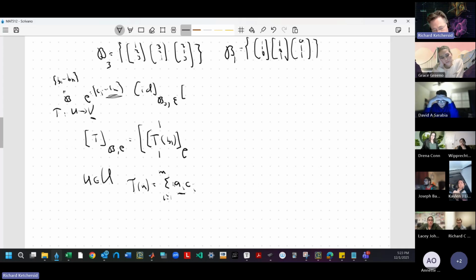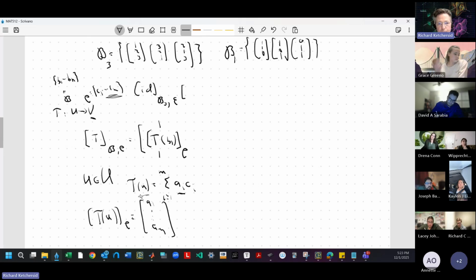So this sequence of scalars is T(u) with respect to the basis C, that is, a1 through am. Those are the coefficients you need to use on the c_i in order to get T of u. That's what that means.